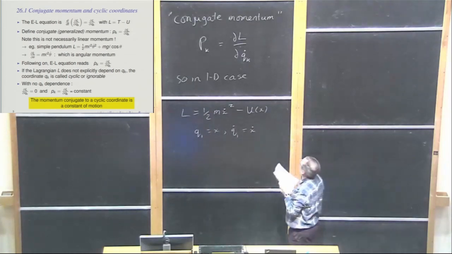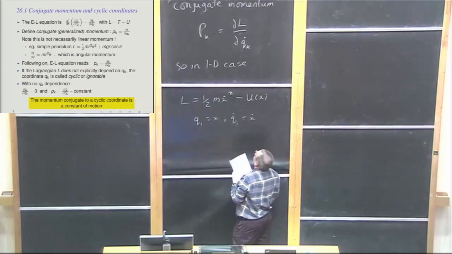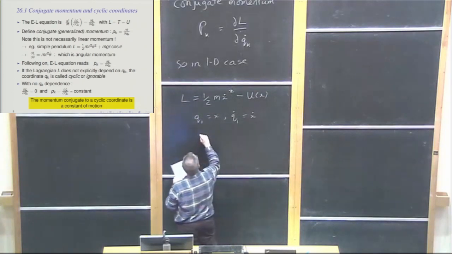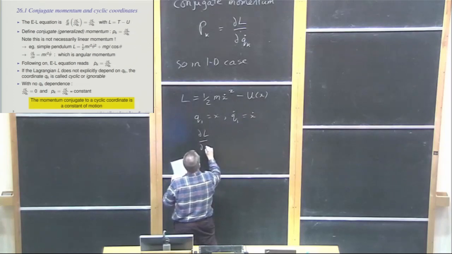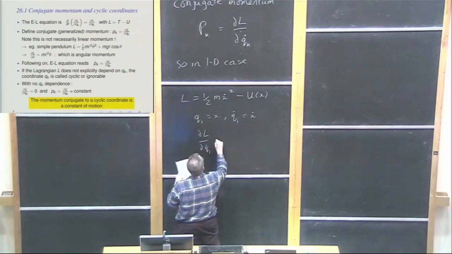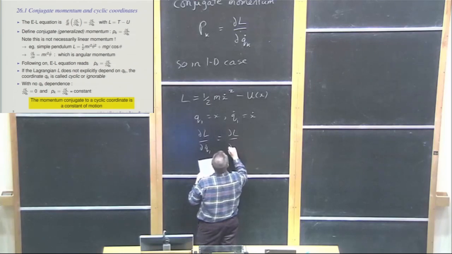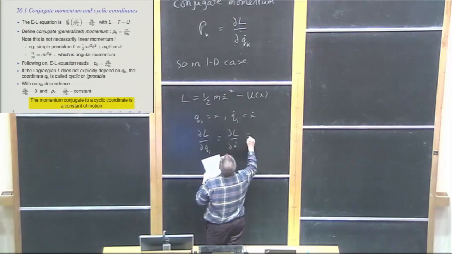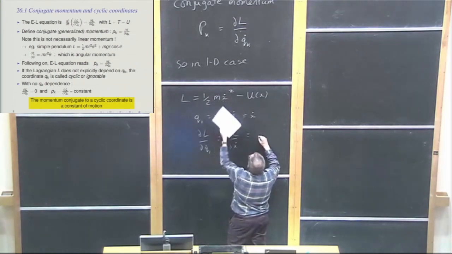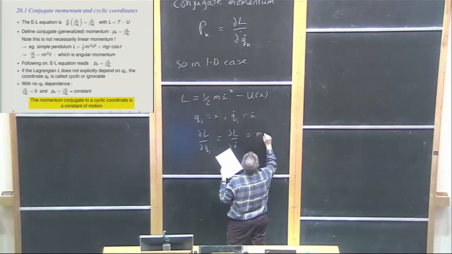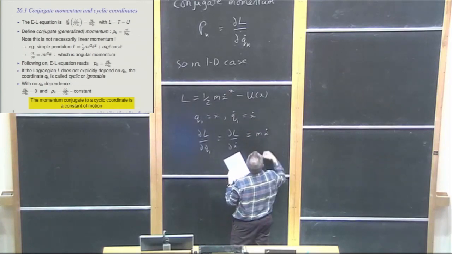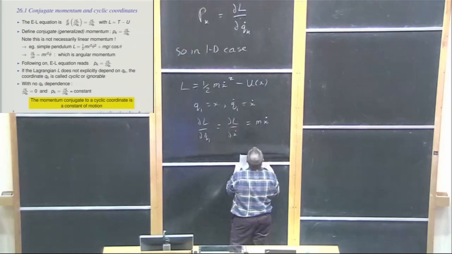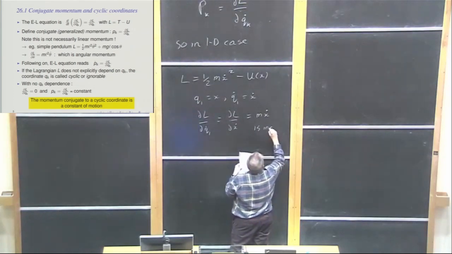According to this definition, if I look at dL by dq_1 dot, which is dL by dx dot, what do I get? I get m x dot, which is indeed a momentum.